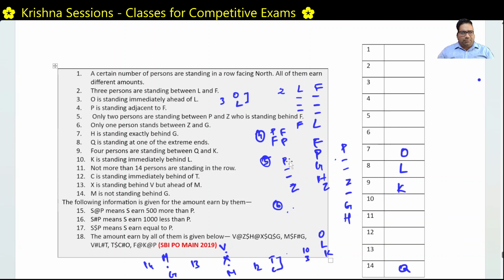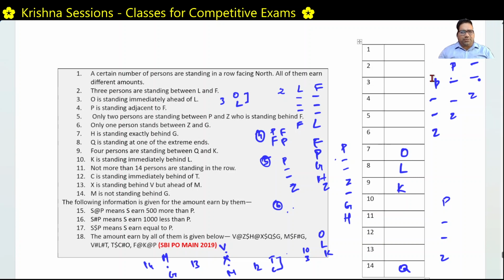So P double space Z, this structure has to fit either here or above this, because Z cannot take any of this, and P cannot sit here because there has to be two spaces only between P and Z. Either P double space Z or Z double space P will sit somewhere here.